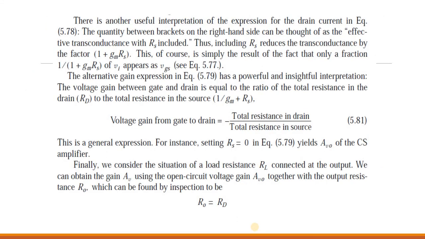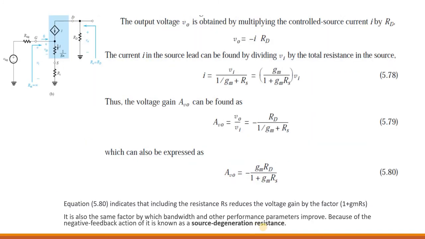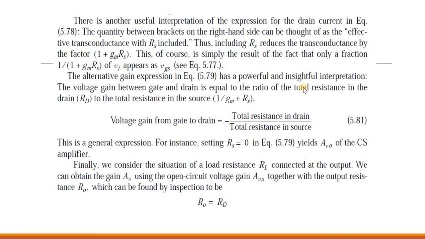There is another useful interpretation of this expression for the drain current ID, that is, the quantity between the brackets on the right hand side in 5.78, Gm divided by 1 plus Gm into Rs. This quantity can be thought of as the effective transconductance with Rs included.